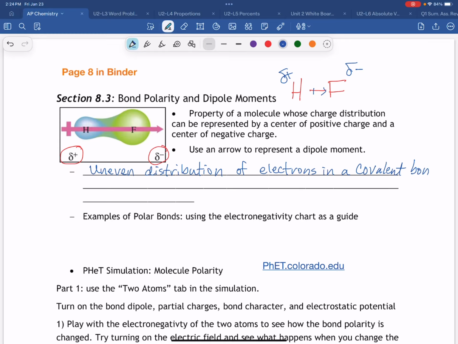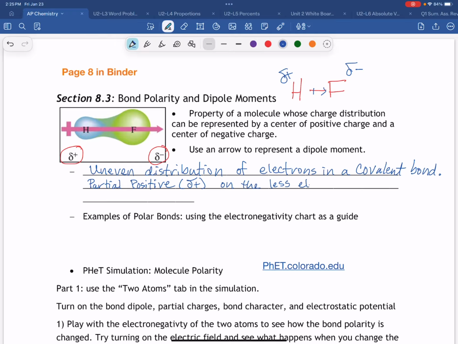Okay, and so when we have a polar bond, we get a partial positive charge and a partial negative charge. And we symbolize that with a little delta plus. The partial positive is going to be on the less electronegative element.